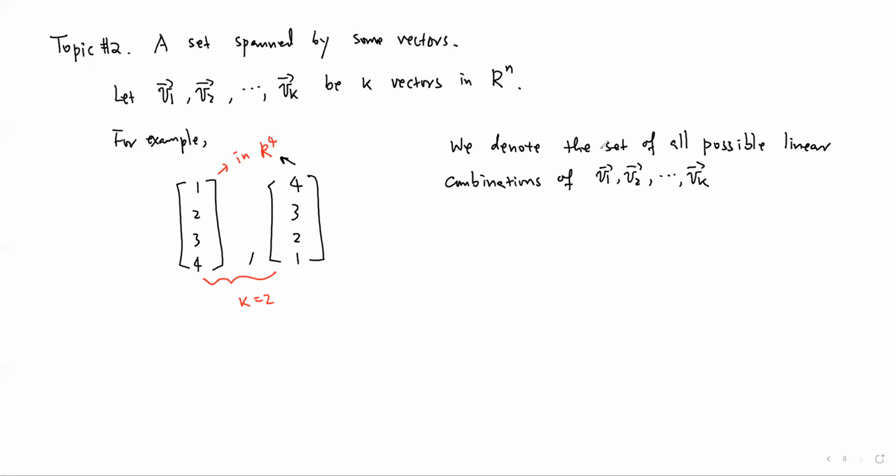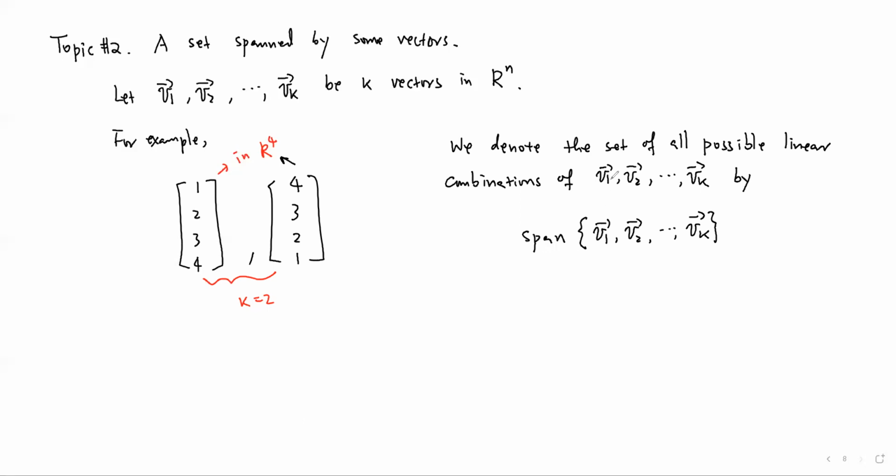We denote the set by this notation, span of V1, V2, ..., Vk. This notation is the set of all linear combinations of the k vectors.